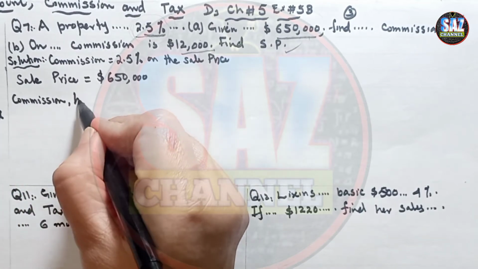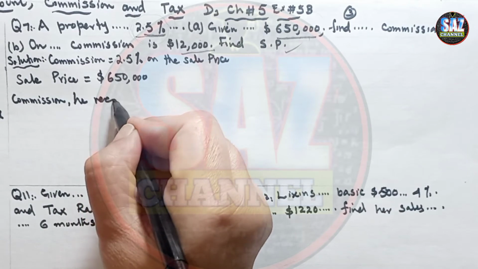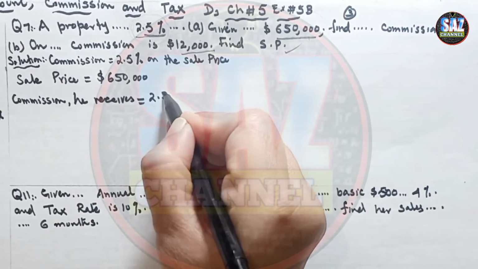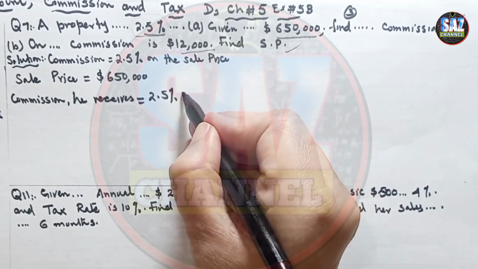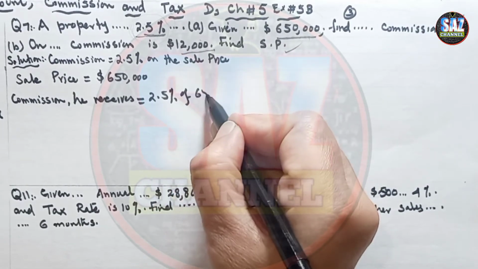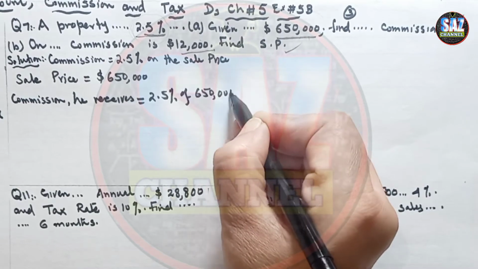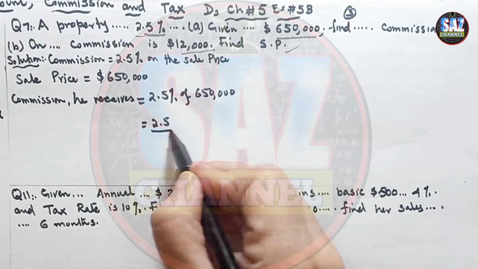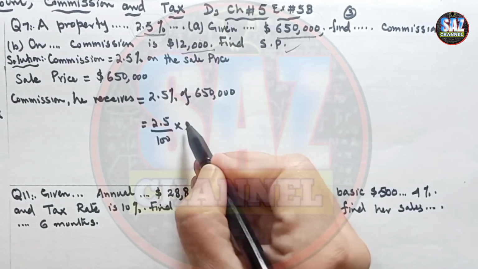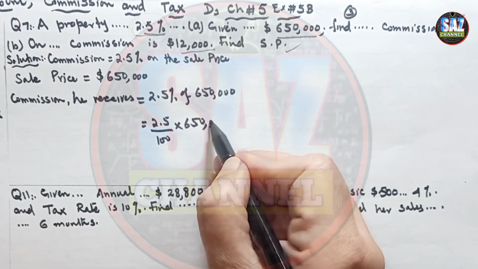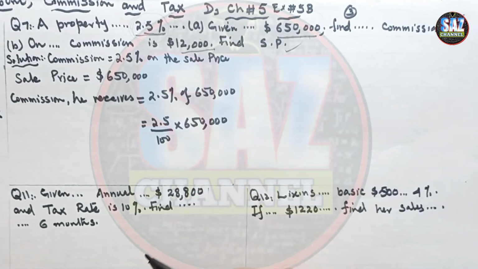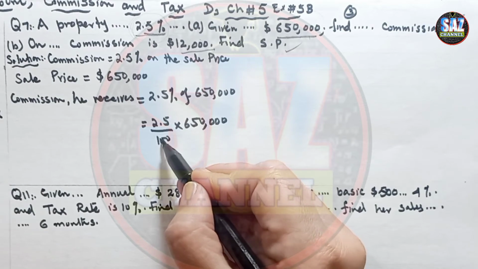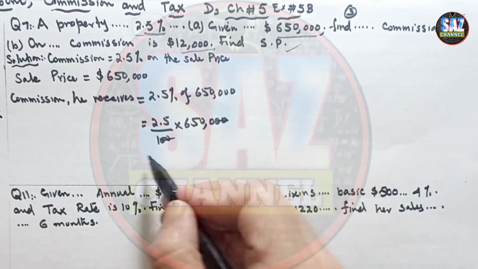Now to find the amount of the commission that he receives, commission equals 2.5% of 650,000. We know that of means multiply. I will be multiplying this 650,000 carefully by 2.5%. Try to make your calculation easy, and these zeros can go with these two zeros.